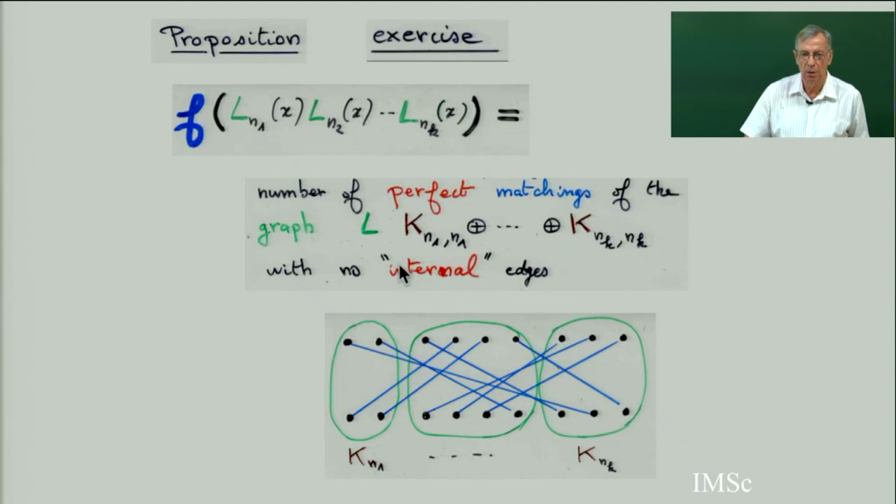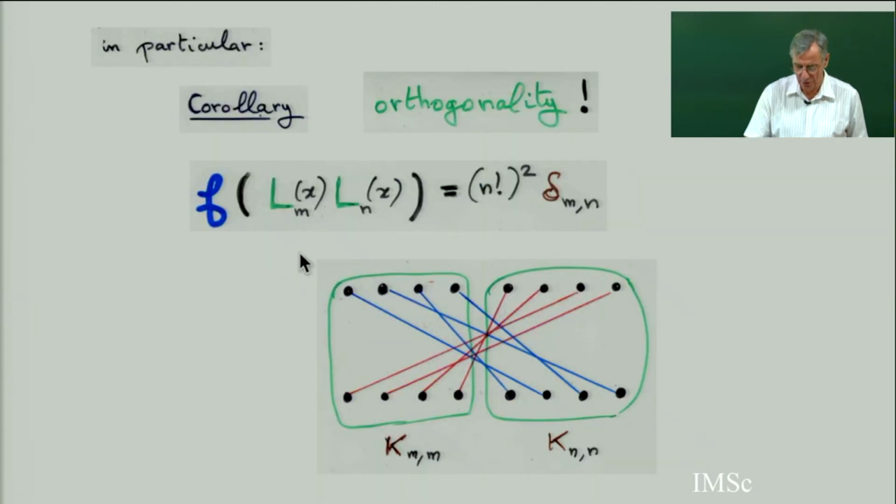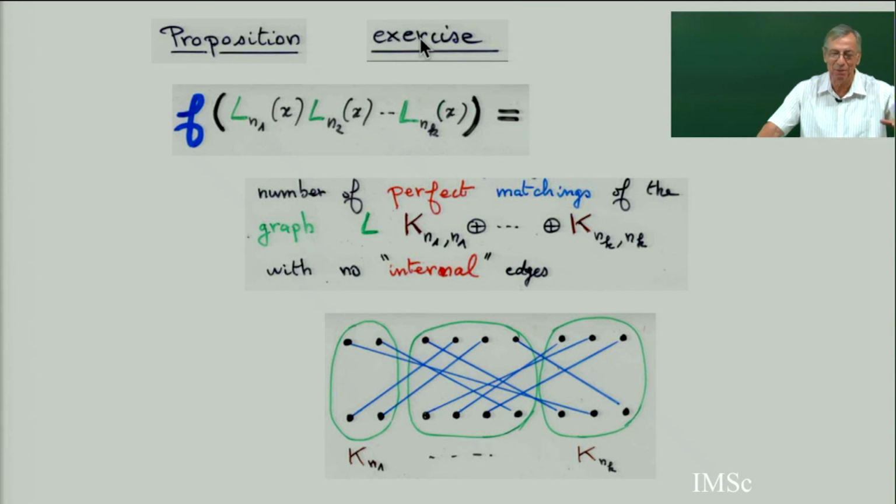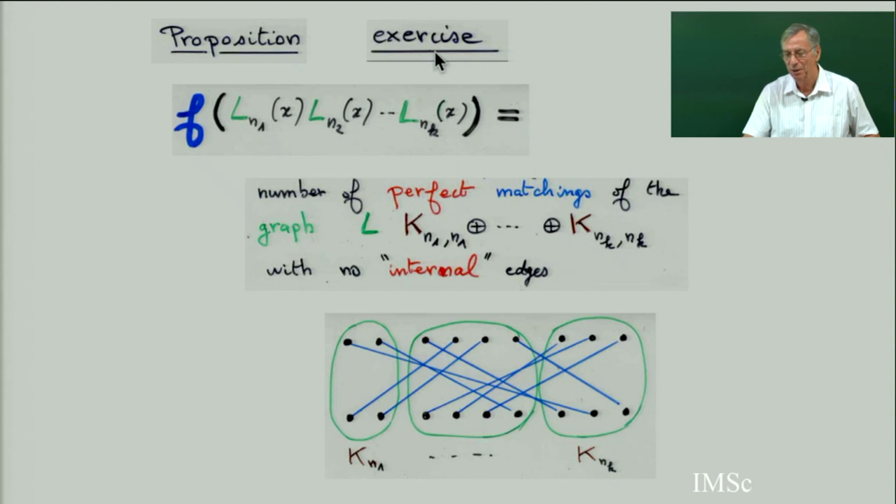And so, the proposition is an exercise. Just make a very similar involution to the one from Hermite. You can do this by yourself for the Laguerre.